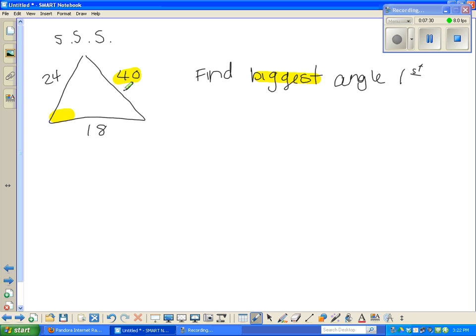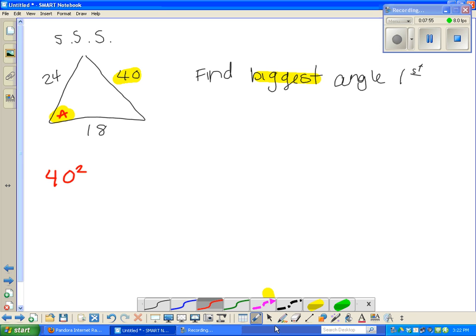Okay, so we're going to start here. Now I've highlighted these, so maybe I'll write them in red again, remembering that this is going to go on one side of my equation, and I'm going to have cosine of this angle, which we could call A. Let me grab the red pen here. We could call this angle A so that we know this is side A. So I'm going to have 40 squared equals, and then I'm going to use my other two sides.